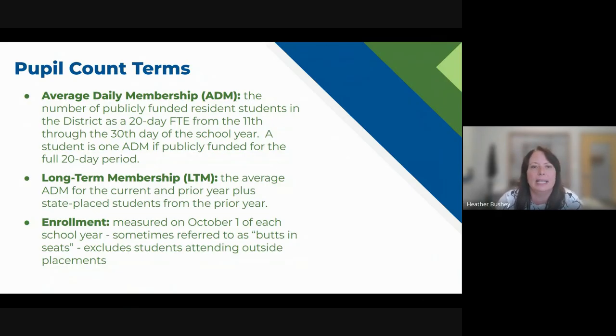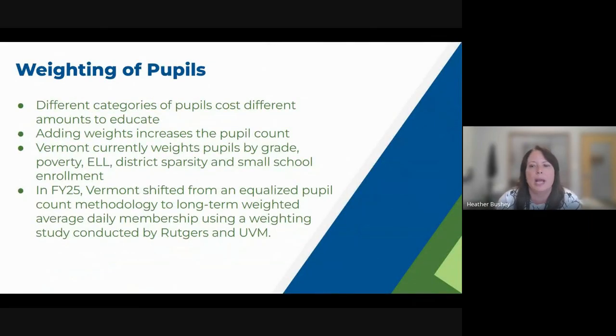Okay, so let's now talk about weighting. As we get our average daily membership, our long-term average daily membership, we then weight it. Different categories of pupils cost different amounts to educate. There is research on that, and there was a study done to come up with the weights that the state of Vermont uses.